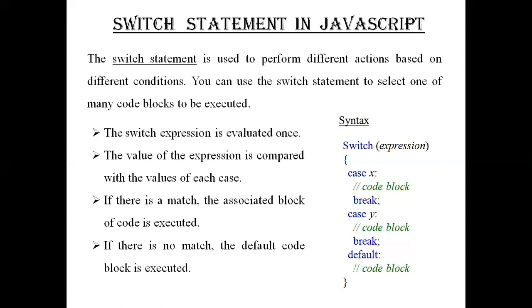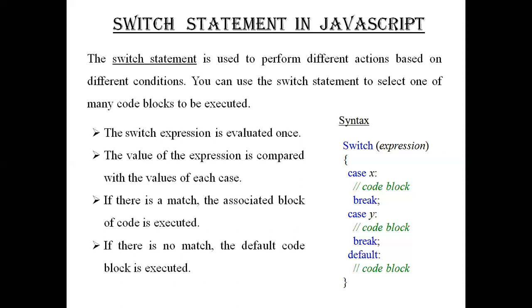So it is performing different actions based on different conditions. You can use the switch statement to select one of many code blocks to be executed. When there are n number of test cases or conditions to be checked, at that time we use the switch statement.